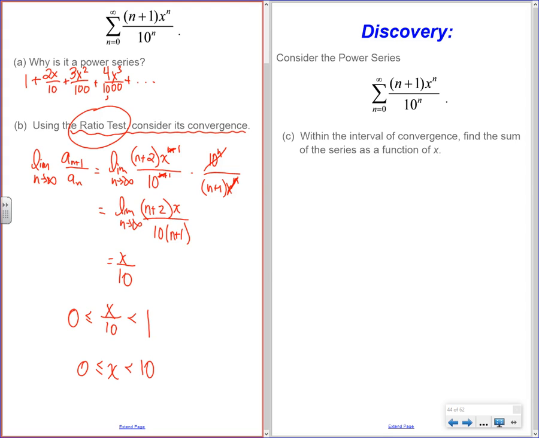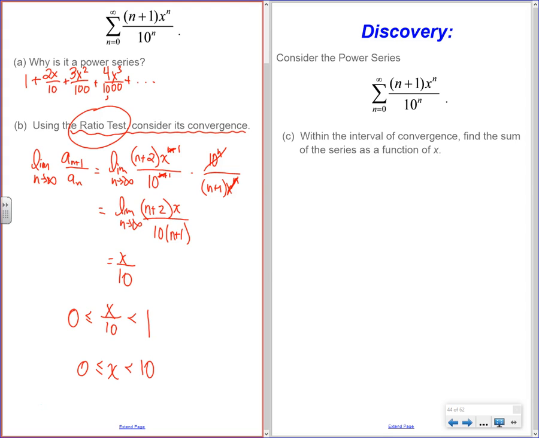For the power series that we just had, within the interval of convergence, which we just found, find the sum of the series as a function of x. What are they asking for? It doesn't say partial sum, it says the sum. It does converge between 0 and 10.